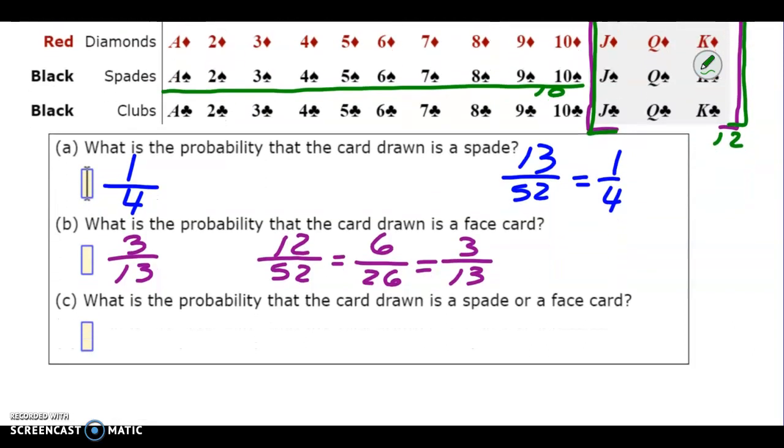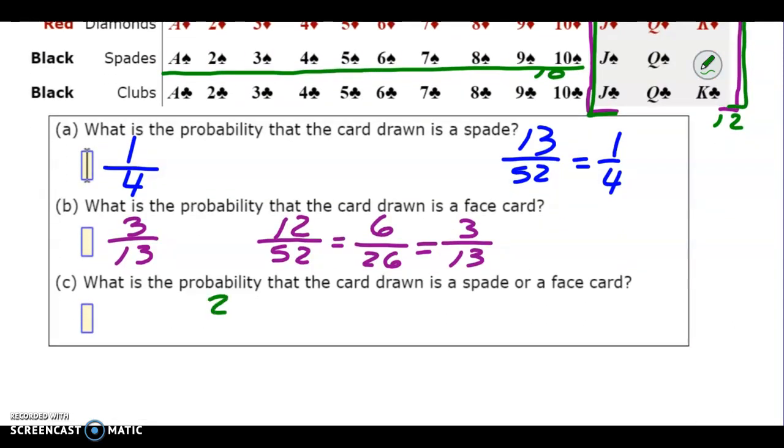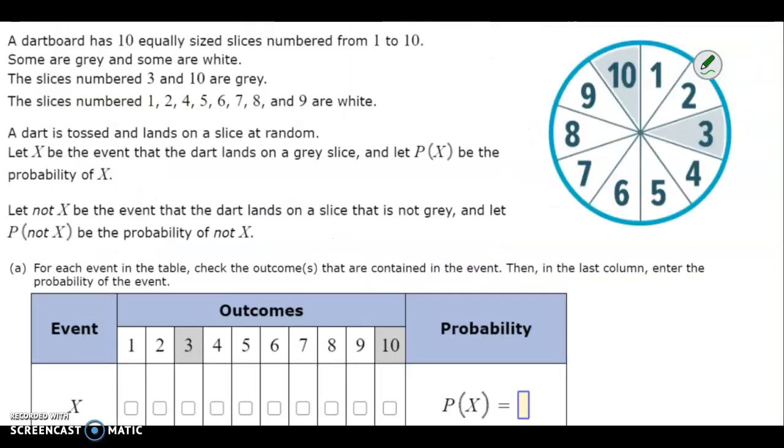So what you end up with is 22 total cards that are either spade or face. And again, simplify this down, cutting them in half till you're done. Divide them both by 2, you get 11 out of 26, and you cannot go any further. And those are your 3 probabilities for these questions.